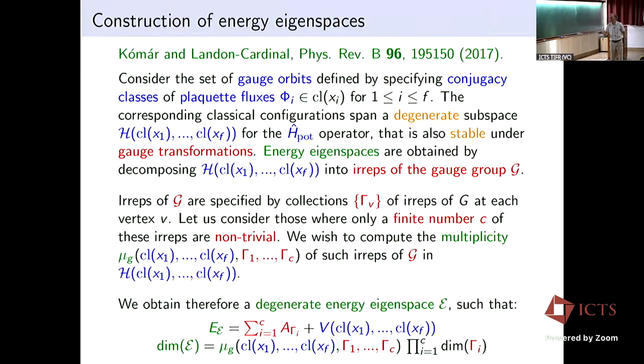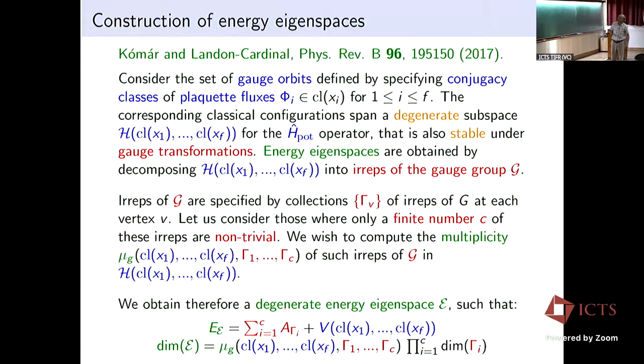And then there's a group theoretical factor, which is the product of the dimensions of the irreps. So this is definitely not in the topological TQFT theory. It's additional degeneracy, but the other factor is.